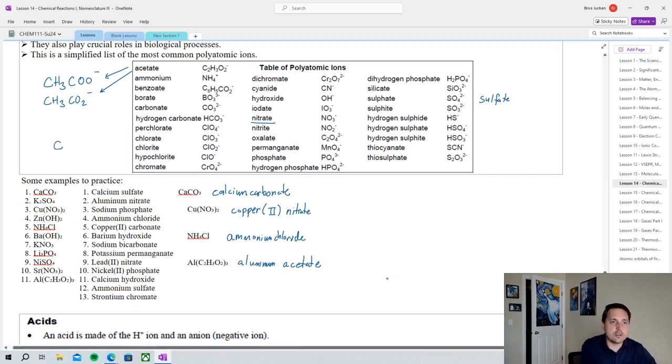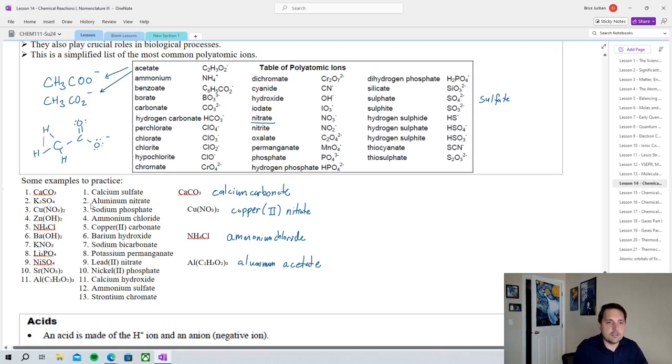Acetate has the polyatomic formula, the Lewis formula, like this. Getting all these formulas mixed up. All right, so that's the Lewis structure of acetate. So there's a couple ways that they'll write it out. They're all equivalent.